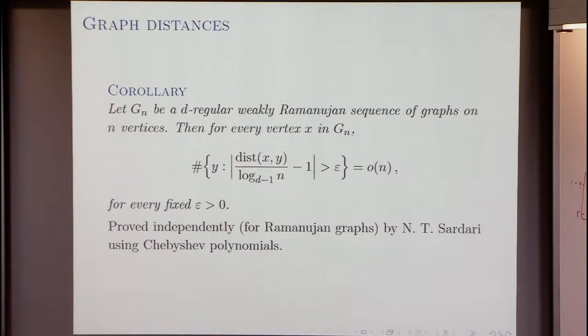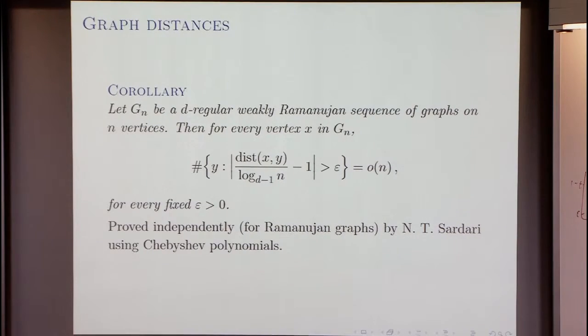One geometric corollary of the results is something about distances in Ramanujan graphs. We still don't know what the possible diameters of Ramanujan graphs are. There's certainly at least log n to base d minus 1, because that's true for any d-regular graph.